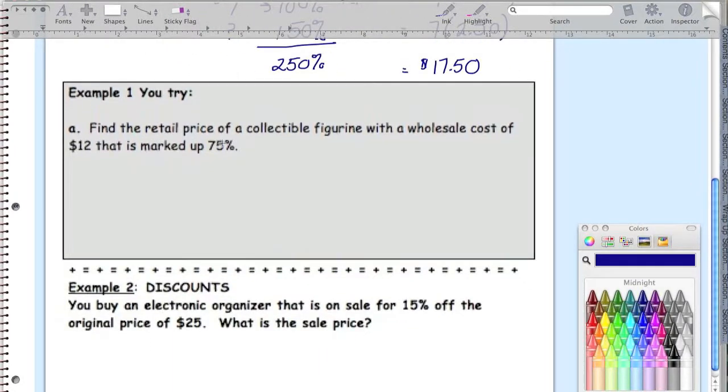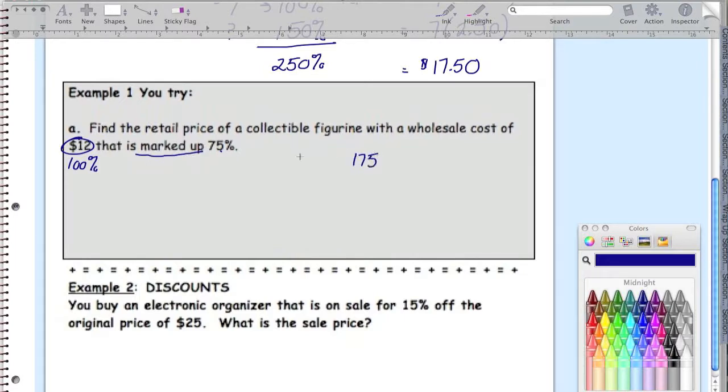Let's try example 1. You try part A. Find the retail price of a collectible figurine with a wholesale cost of $12 that is marked up 75%. So he's definitely going to charge 100% of the original amount, $12. So he's definitely charging $12 out of the $12 spent. Then marked up an additional 75%. So that means our total is going to be 175%.